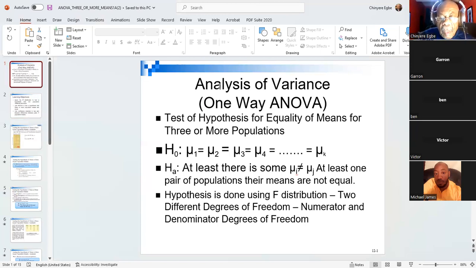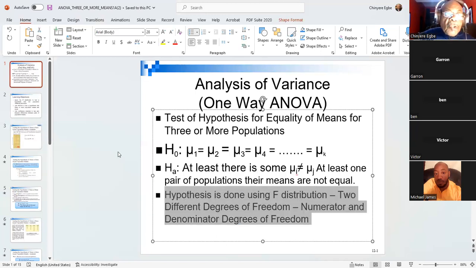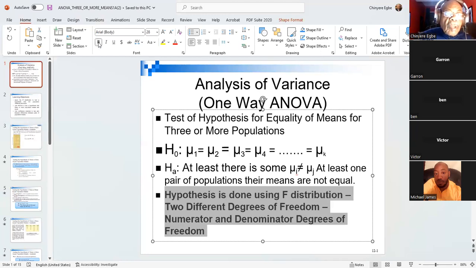Now, instead of using the calculated Z, here we use what we call the F distribution. So we have a calculated F. Instead of a calculated Z or a calculated T, we have a calculated F distribution, all right? This F distribution has what we call 2 different degrees of freedom. Okay, there's a numerator degrees of freedom and a denominator degrees of freedom.